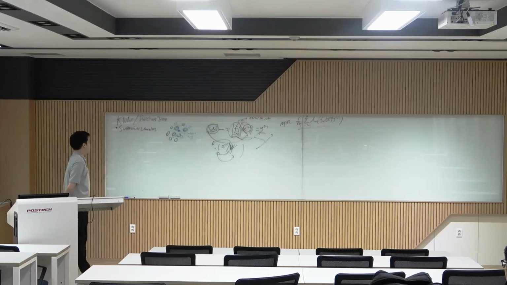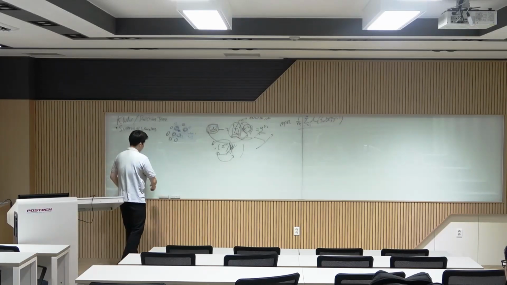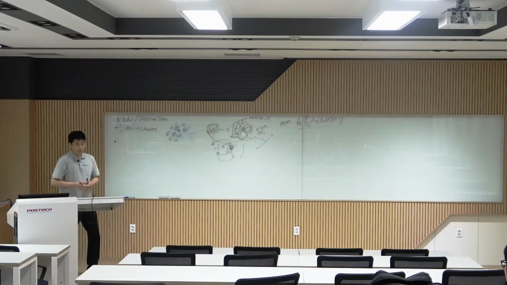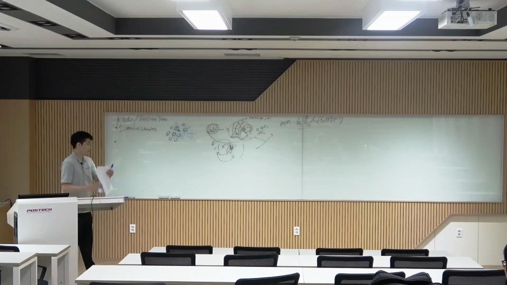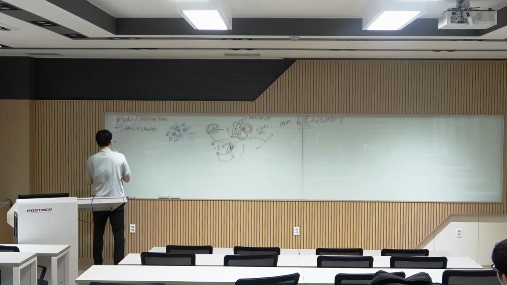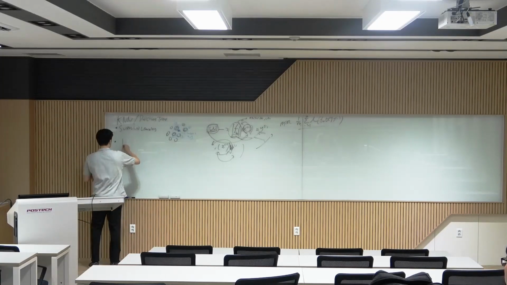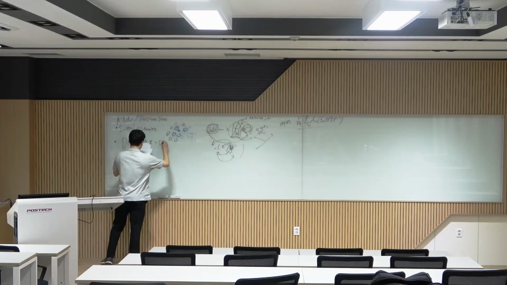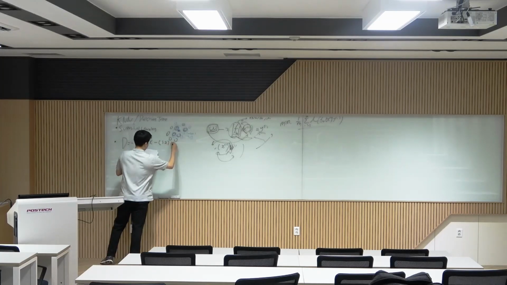And for the decision tree, this is very important. For the decision tree, you need to know the disorder and quality of test. Disorder D is defined as minus x log 2 x minus (1 minus x) log 2 (1 minus x).